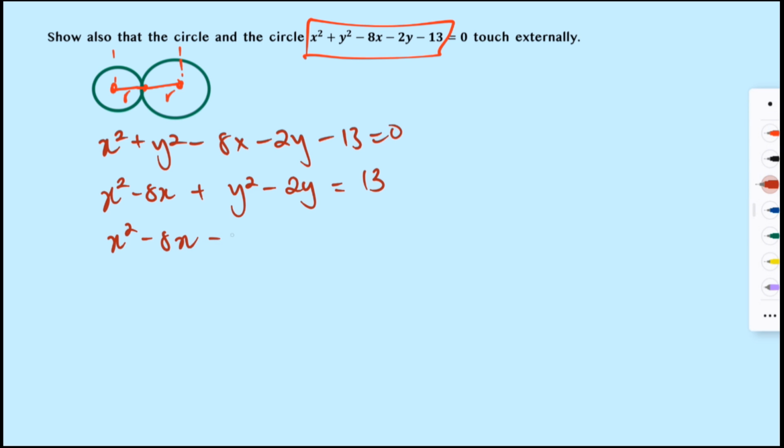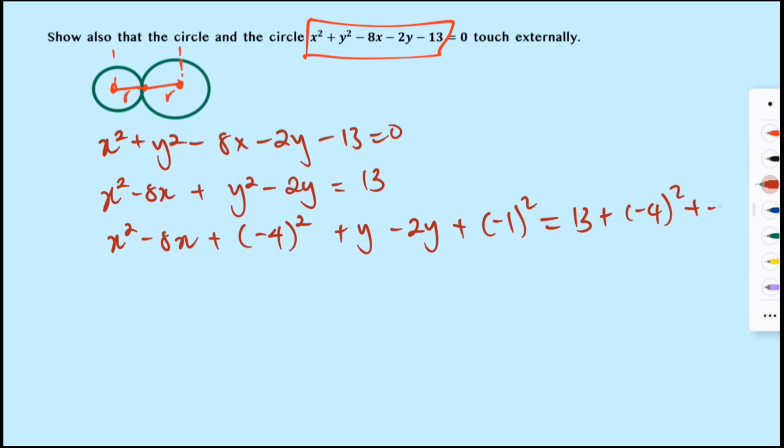Keep in mind the sign matters: half of negative 8 is negative 4, squared. Then for y, minus 2y would be plus negative 1 squared, equals 13 plus negative 4 squared plus negative 1 squared.